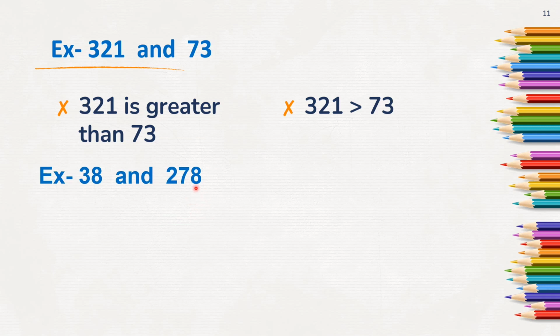So the crocodile mouth will be open for 278. Or we can also say 278 is greater than 38. Whichever side the number moves, the crocodile mouth will be open for the bigger number while comparing numbers.